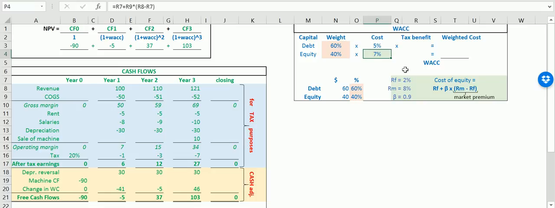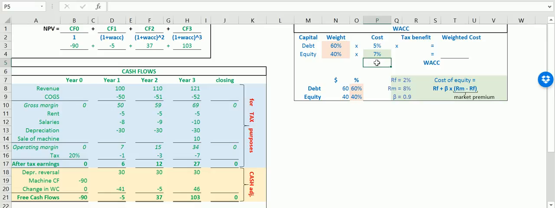So let's remember again what all of these components are. So the risk-free rate is, as the name says, the rate at which you can invest without any risk. For example, in treasury bonds.